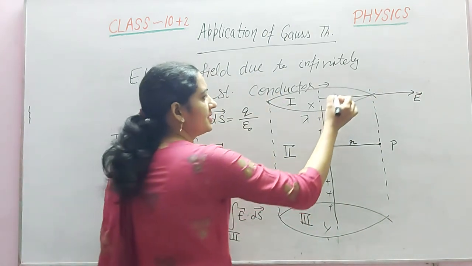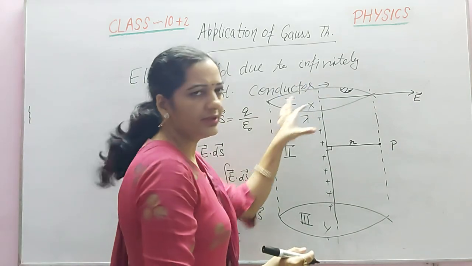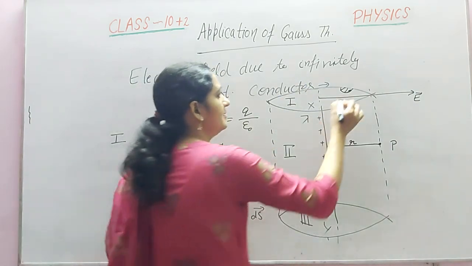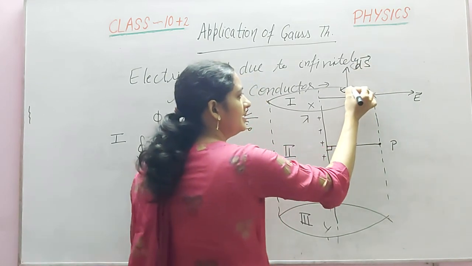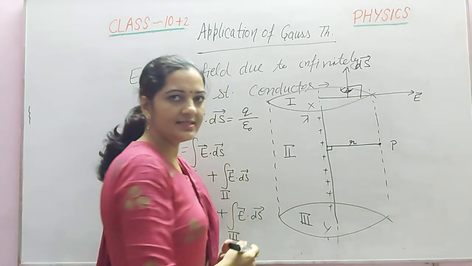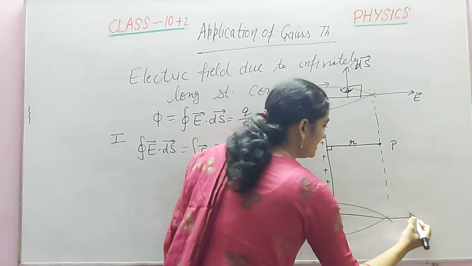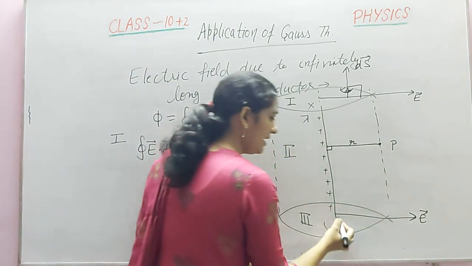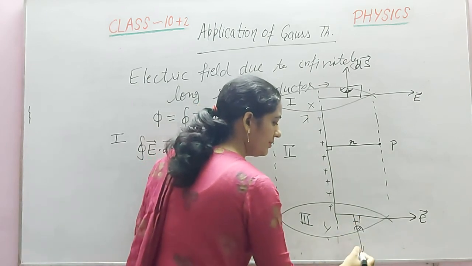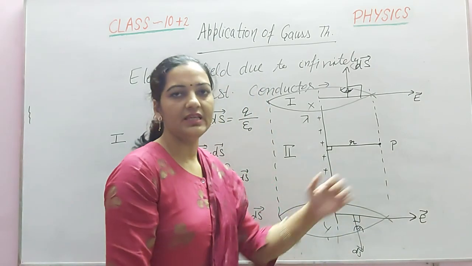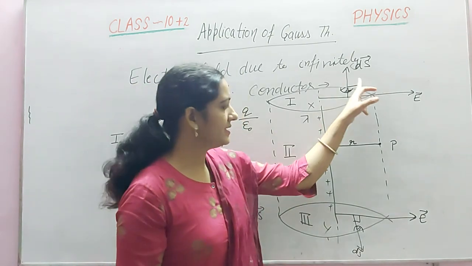And the area element, if you take any area element anywhere on this upper surface, then its direction will be upward. What is the angle between E and ds? That is 90 degrees. Similar case is here, E is in this direction and ds anywhere you can find out, it will be perpendicular to E. Clear to you? It is 90 degrees, it is 90 degrees.